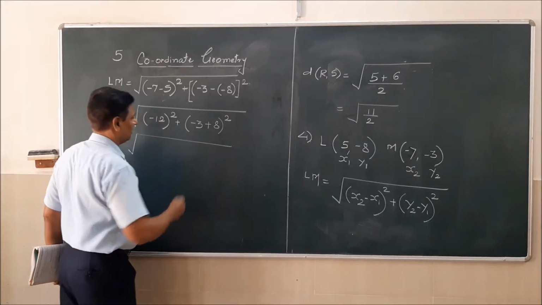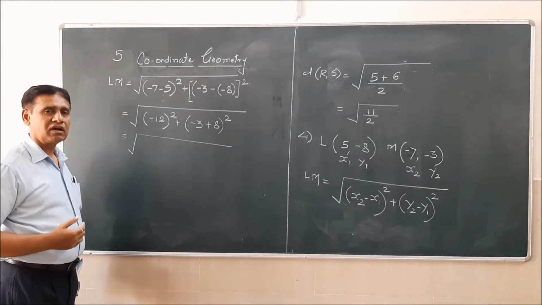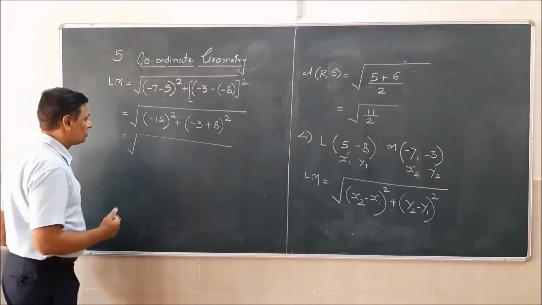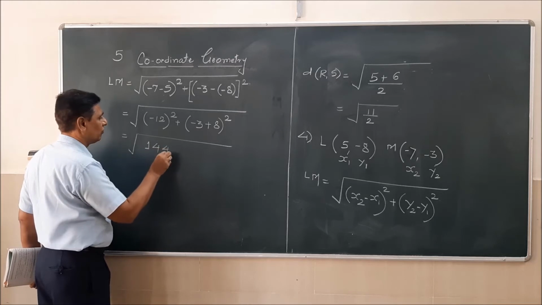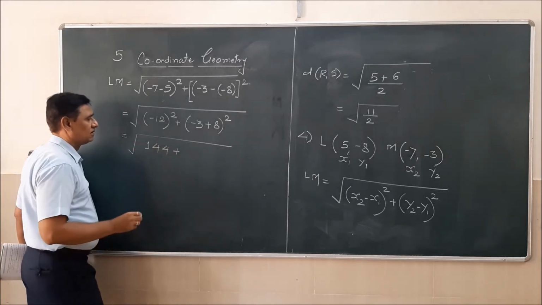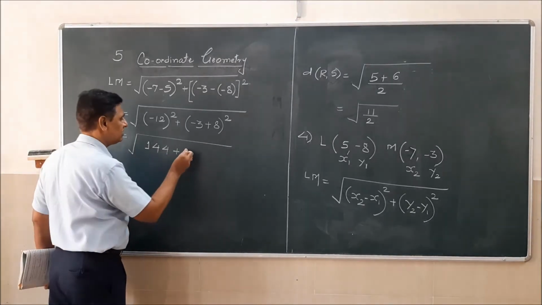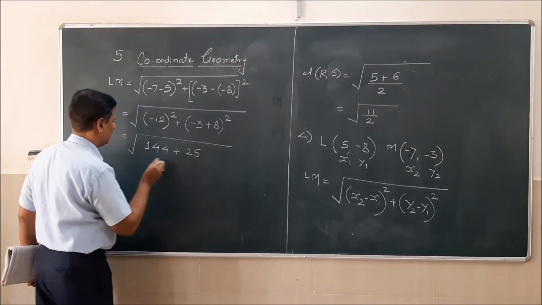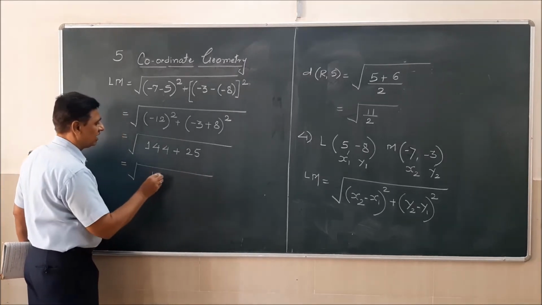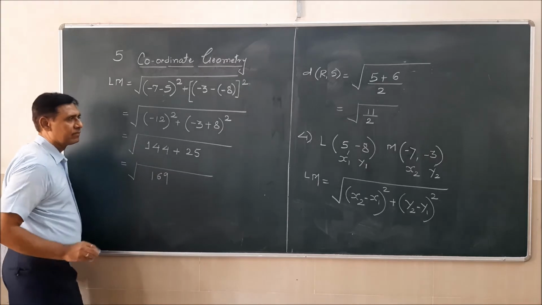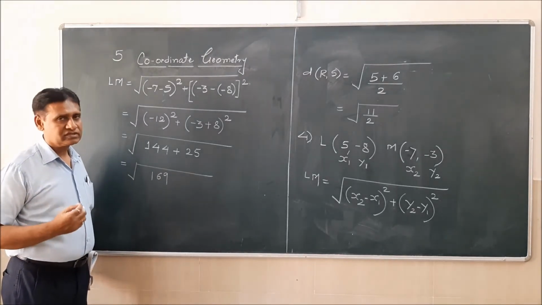minus 12 square, where squares are always positive. So you will get minus 12 square as 144 plus 8 minus 3 is 5, and square of 5 is 25. Sum of 144 plus 25 is 169, and 169 is a perfect square of 13.